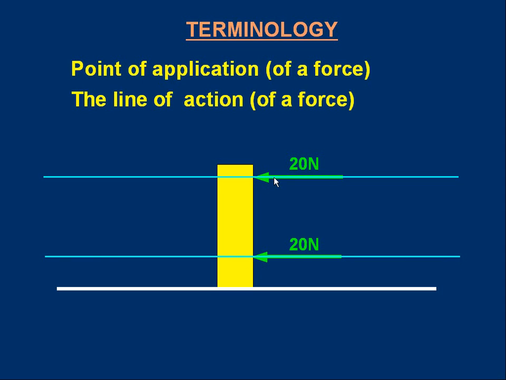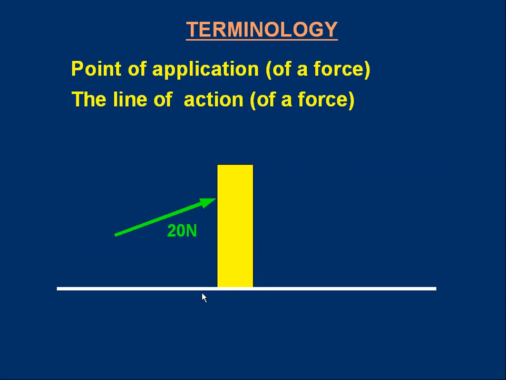Which of those two forces do you think is most likely to cause this object to topple over, assuming there's friction at the bottom so it can't slide? Is one more likely than the other? I'm sure you know from your experience that the 20 Newton force at the top is more likely to make this topple over, and the turning effect of this force, 20 newtons, depends on how far the line of action is from the floor.